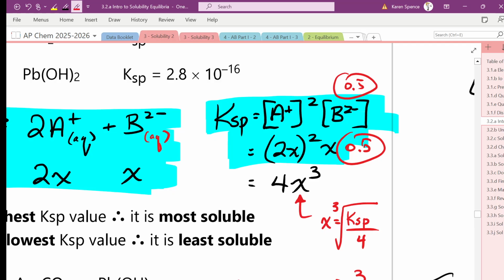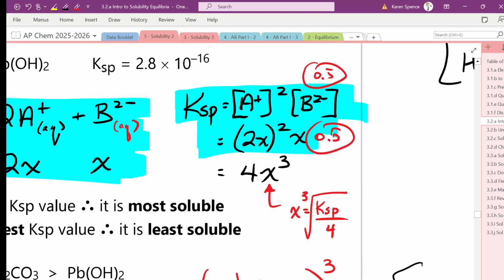Yes? So you find it all the same way. What that means is the bigger the KSP, the bigger the, what is X? Molar solubility. The concentration.